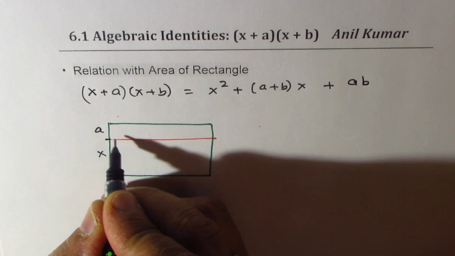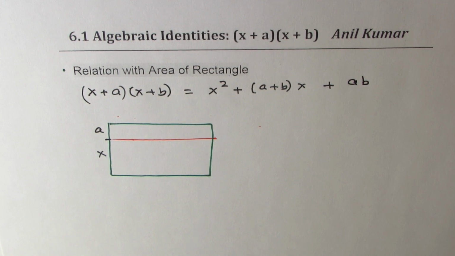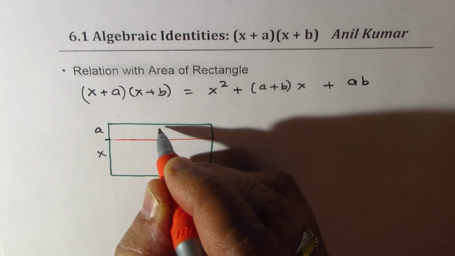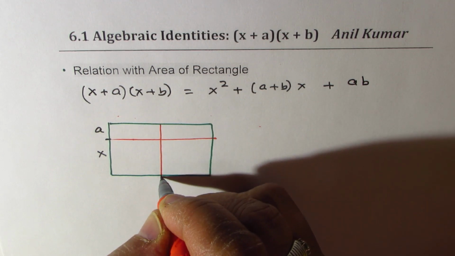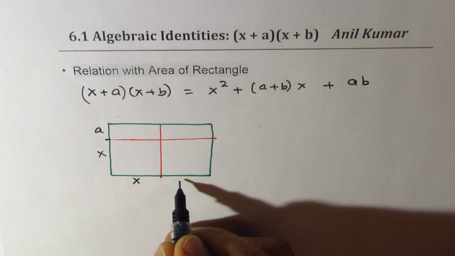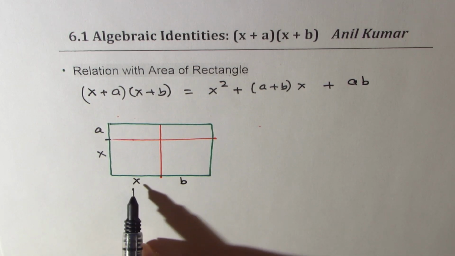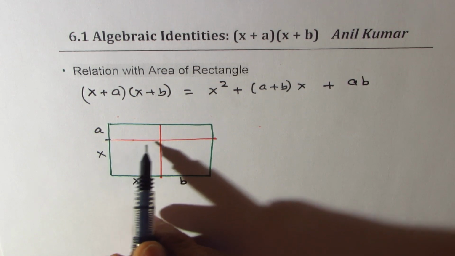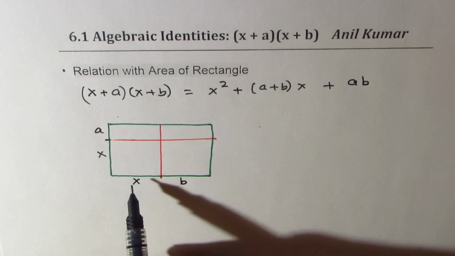So one side is x + a. On the other hand, let's say we have this big x, and the other side has x here and b there. So it is x + b. So what you get here is rectangles, and you can find their area.